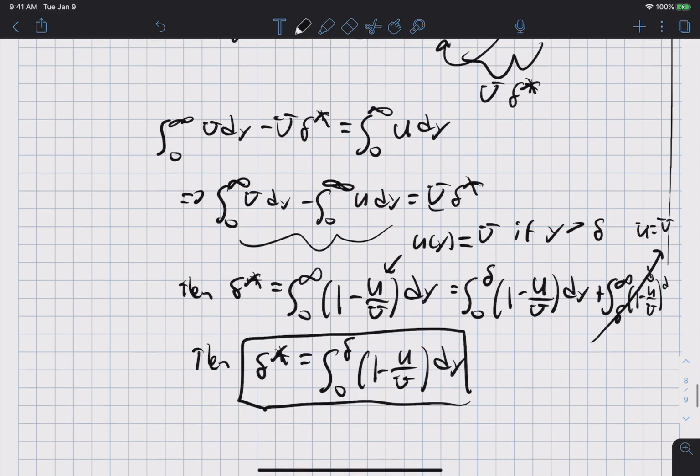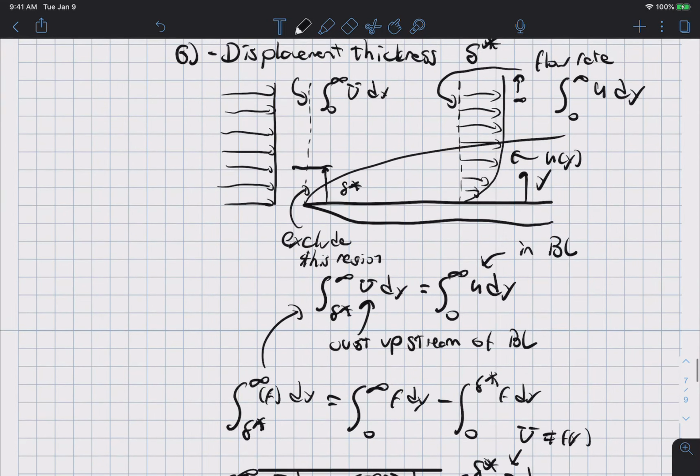represents, if I scroll back up to my diagram, is this height here, and this height you can think of as blocked off.